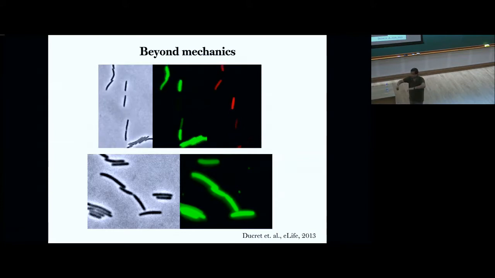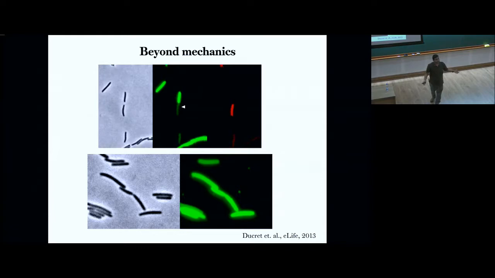Some others are not. And here you see two bacteria which rub past each other. One of them has this outer fluorescence membrane tag, the other doesn't. And if you look in the fluorescence channel, right, by doing this contact, they're exchanging outer membrane material.